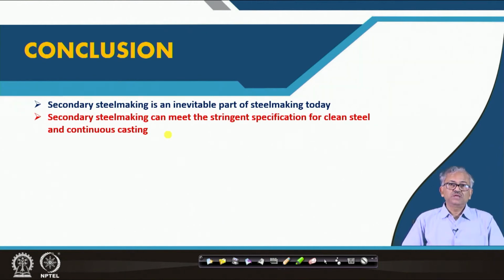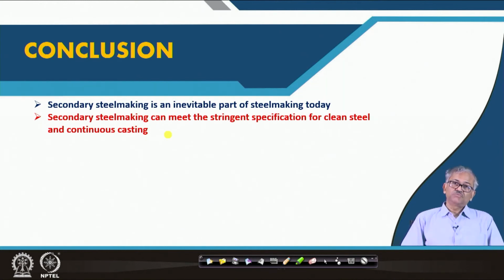So those things can be done in secondary steel making. As I said, in primary steel making the intention is to make the steel as fast as possible, do not waste time, and make the steel within 40 minutes. Then that crude steel will be treated, starting from the deoxidation, and then all other treatment: vacuum treatment, injection metallurgy, inclusion treatment, everything will be done, and the gas stirring, that is the homogenization.